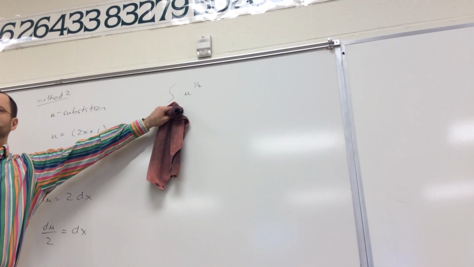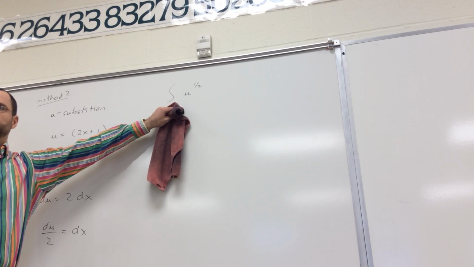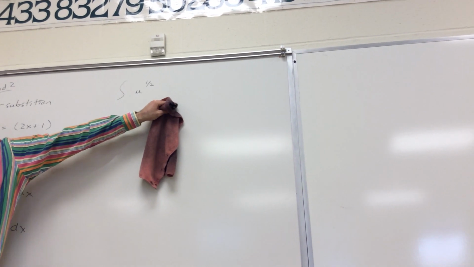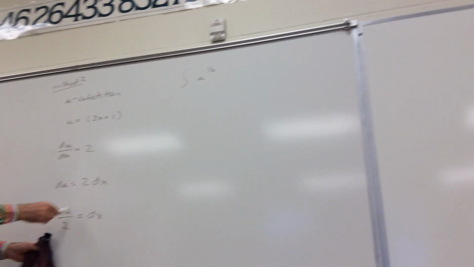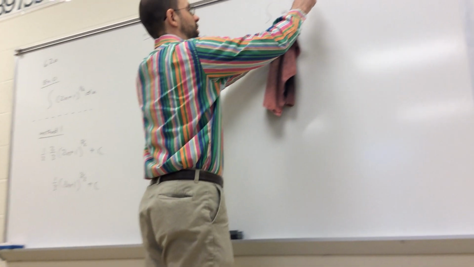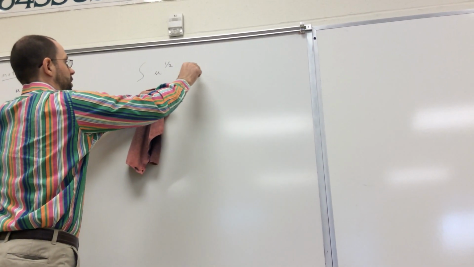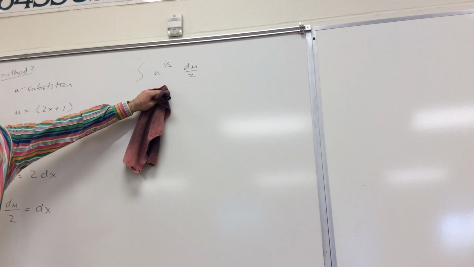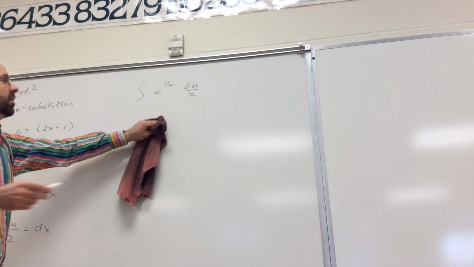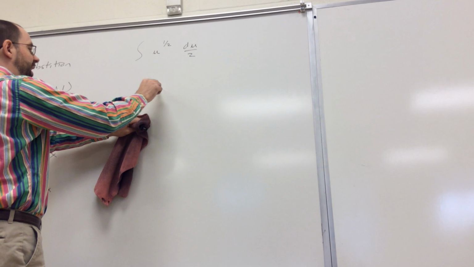So I'm just replacing the 2x plus 1 with U. And then I still have a dx over there, right? But I'm going to replace dx with this, du over 2. So I'm just substituting in. That's why it's called substitution. And I'm using the variable u, so that's why it's called u substitution. All right, so here's my antiderivative that I've got now.